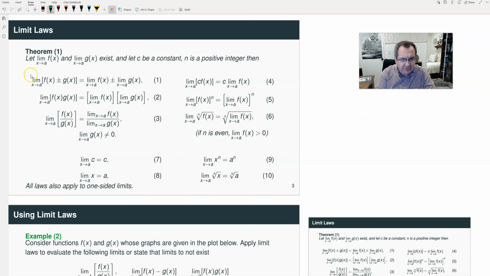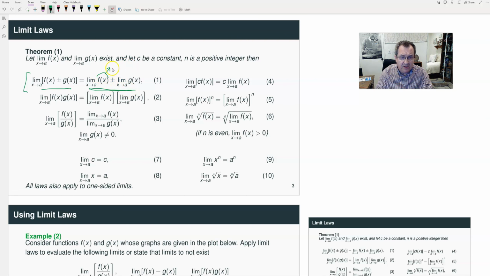So let's take a look at the first one. It says that limit of a sum is equal to sum of the limits. And limit of a difference is equal to the difference of the limits. Indeed, that law is very intuitive.